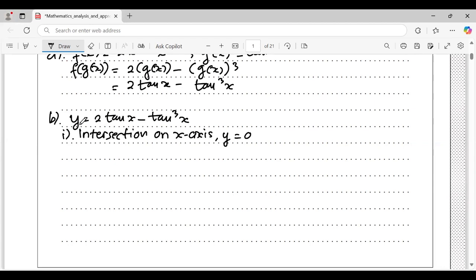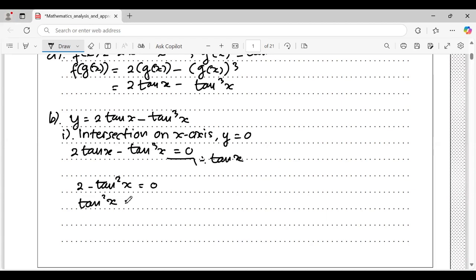So 2 tangent x minus tangent cubed x equals 0. After that, divide by tangent x, and it becomes 2 minus tangent squared x equals 0, or tangent squared x equals 2, or tangent x equals positive and negative square root 2.